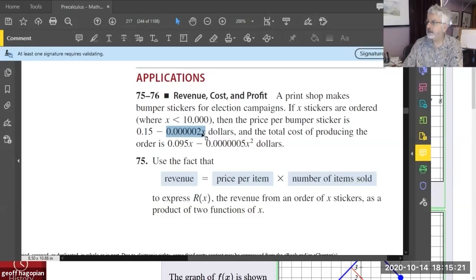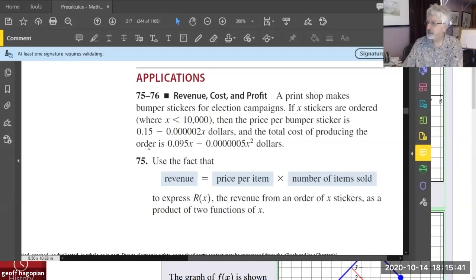What is that? This is the thousands place, 10,000, 100. That's a millionth. That's 2 millionths of x. Apparently, they make a lot of stickers. So you get some efficiency through large quantities, but only if they're really large, right?